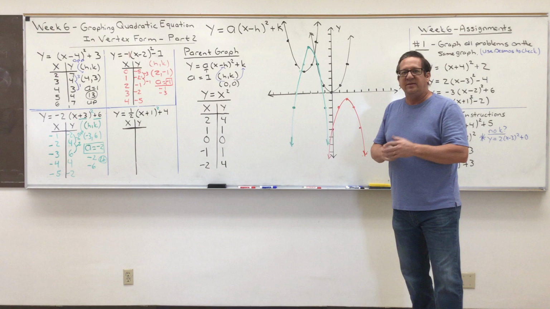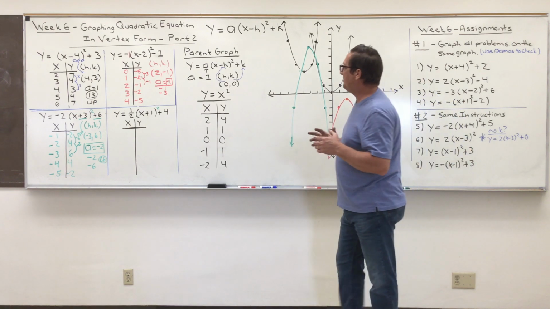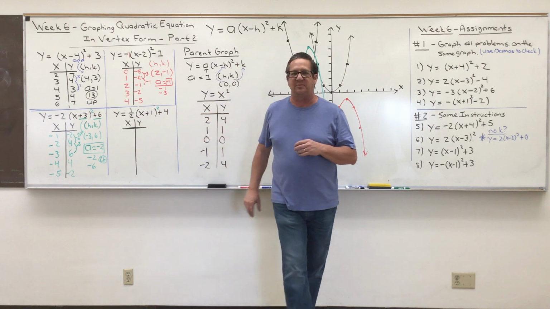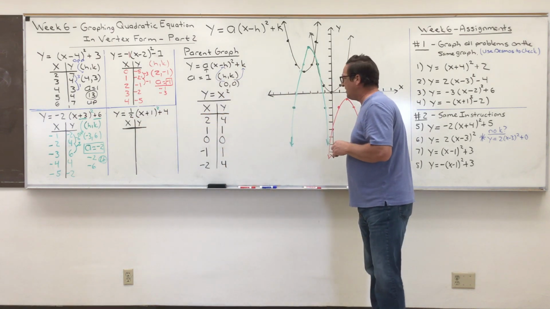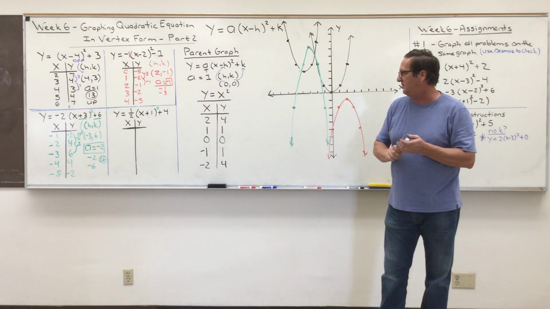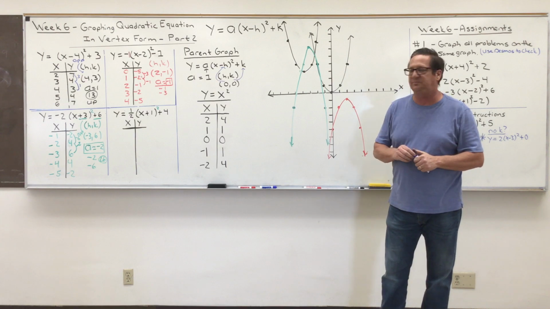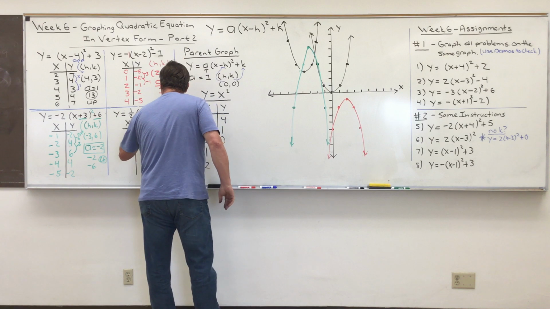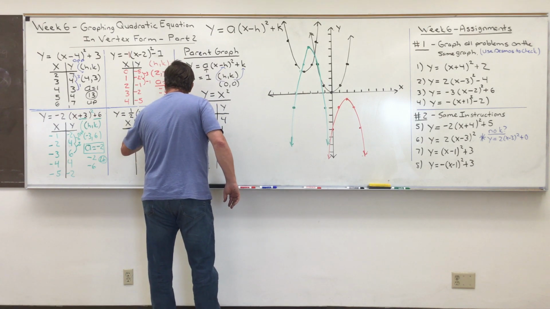And then today, in our last example here, I wanted to make sure that I worked with you on the half part a little bit. So for our last example, I'll do it in blue. I'm going to go with H and K. We're going to find our vertex.